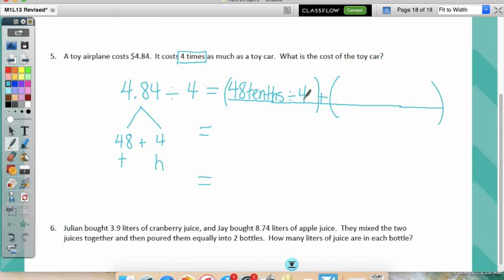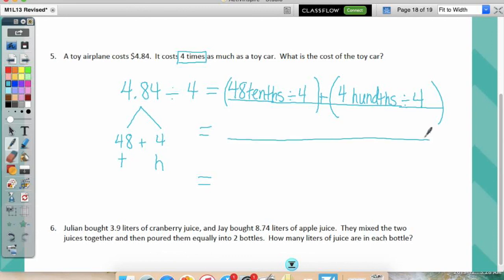And 4 hundredths divided by 4. And you don't need to copy the board, because if you wrote down right here how to decompose the problem, you can copy from that. So stop looking up at the board. You know what you're doing by now.